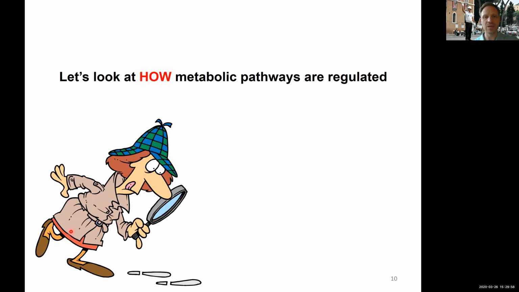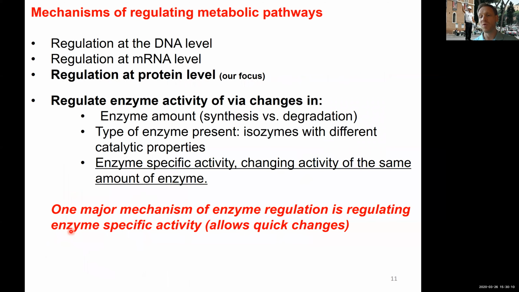All right. So now that we have an understanding of why it's important to regulate pathways, let's have a look at how we can do this. How can we regulate metabolic pathways? There are multiple levels of regulation, and we don't have the time to cover them all. Generally speaking, there's regulation happening at the DNA level, there's regulation happening at the mRNA level.